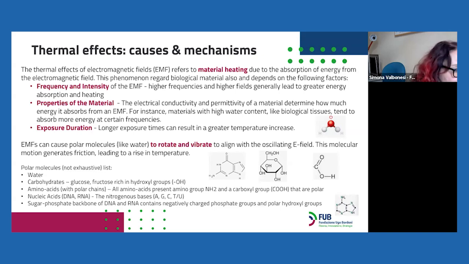Electromagnetic fields can cause polar molecules like water, but not only water, to rotate and vibrate to align with the oscillating field. This happens a lot of times in a second. And this molecular motion generates friction, leading to rising temperature.